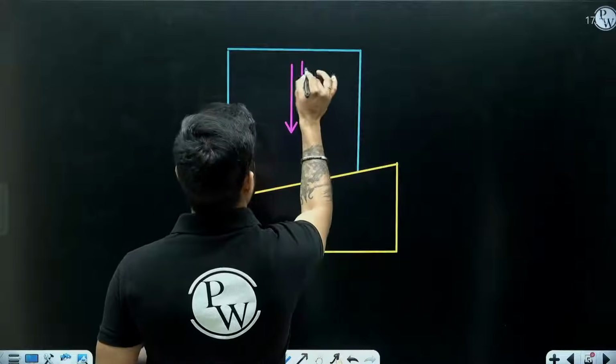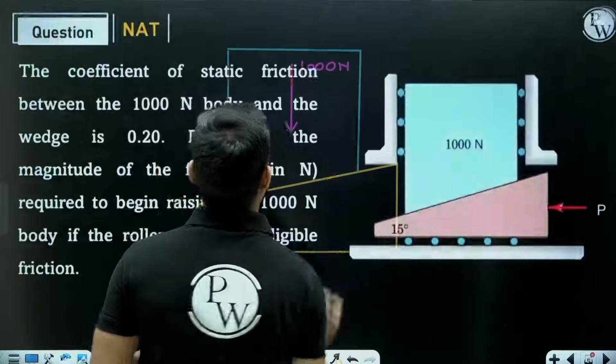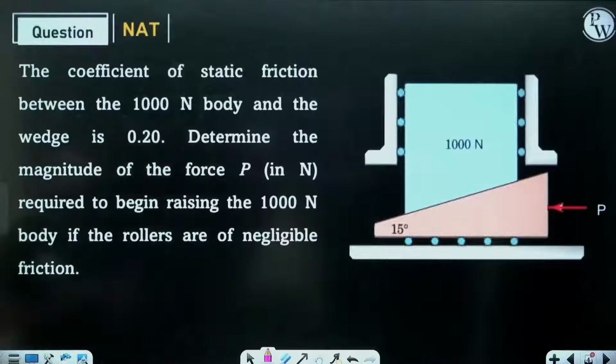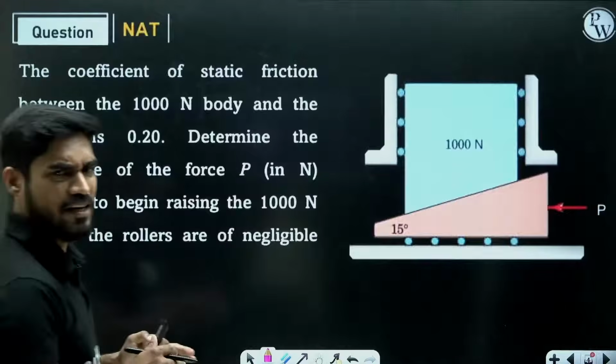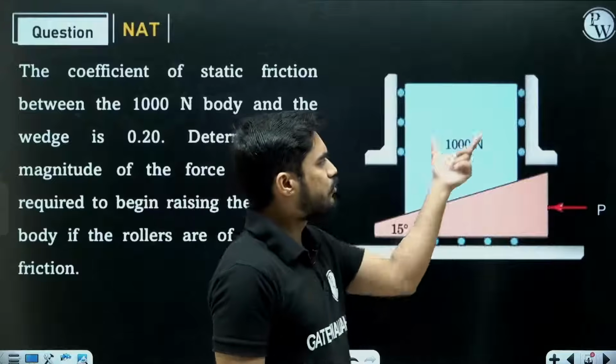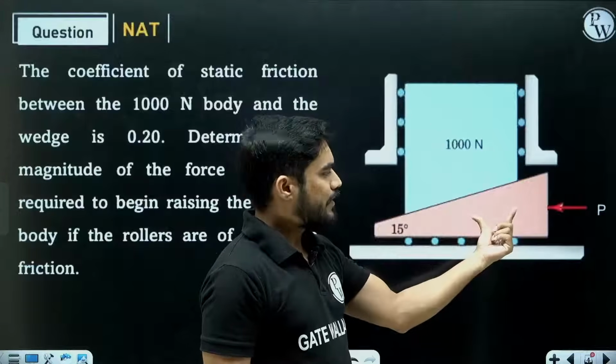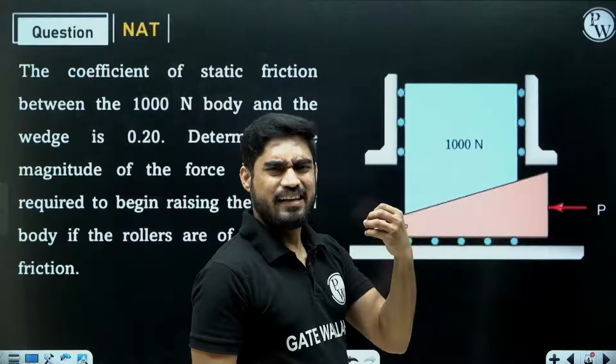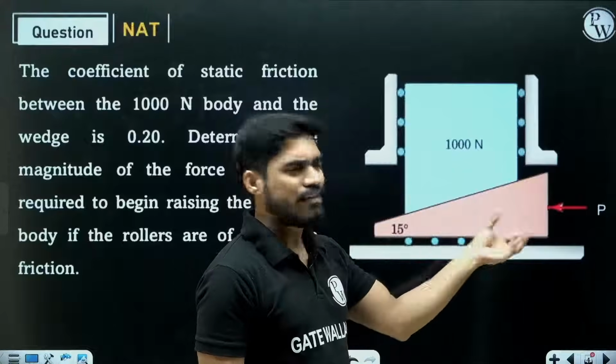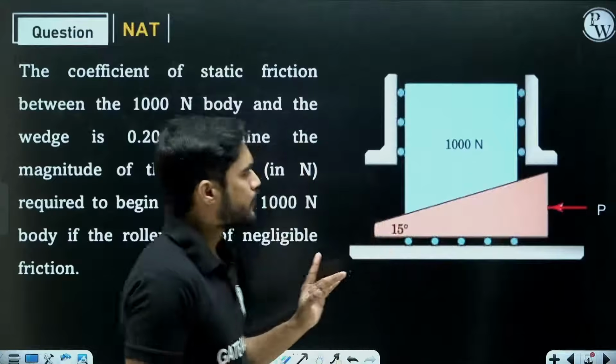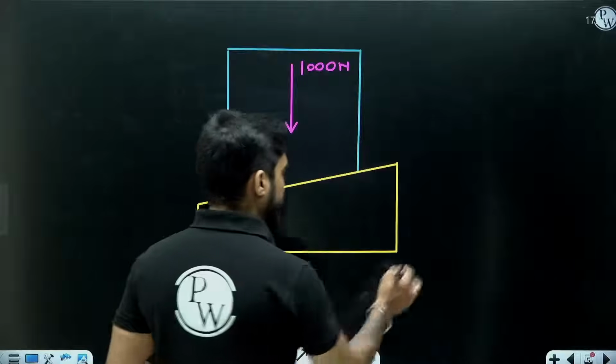The wedge is of negligible weight. There is no weight given, right? So we have to assume that the wedge is of negligible weight. Usually what happens is, compared to this block, the weight of the wedge is negligibly small, so we neglect the weight of the wedge. Now we are applying a force P here.